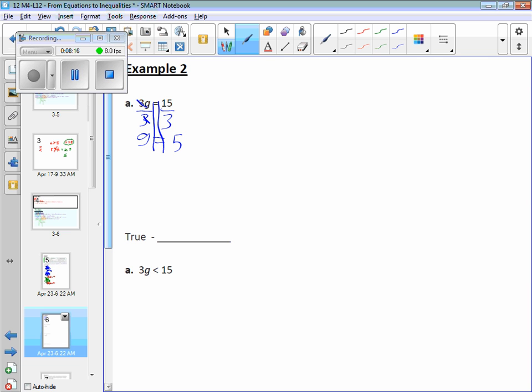Circle it. You're good, bud. Everybody got g equals 5? Stay up there. What's the only value that will make that statement true? What's the only value that g can be to make the statement true? 5. Correct. So where it says true, put 5 and 5 only.